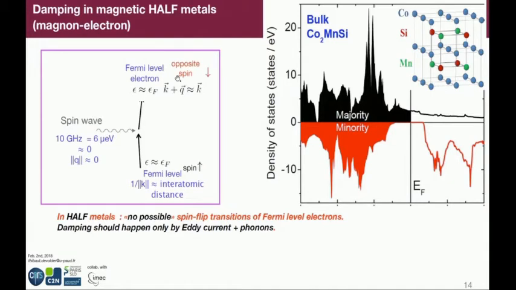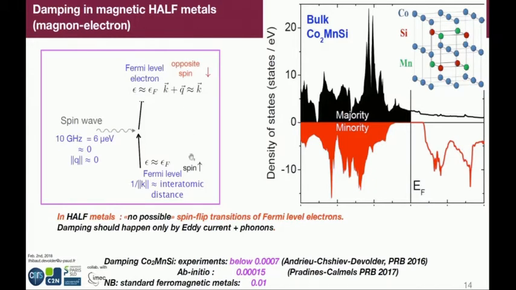So you would try to put it in an available box that is red. Obviously this process is not possible in half metals because there are no states to be scattered into for the conduction electron. And that's essentially the reason why half metals have dampings that are much lower than ferromagnetic metals.